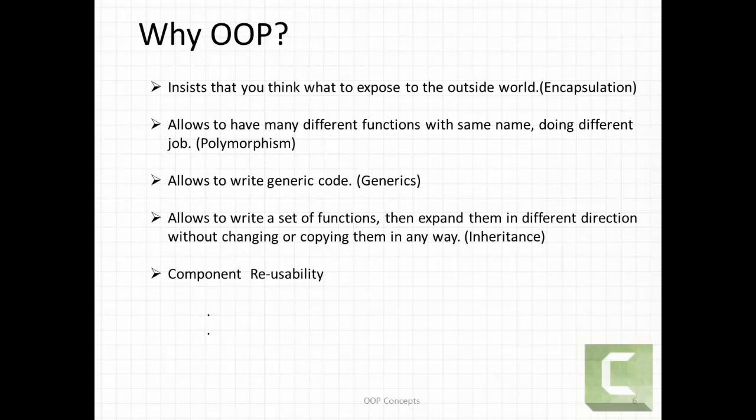That you can do in OOP. Whatever properties you have in the parent object will be inherited by the child, and the child can have its own implementation also. Because of this inheritance, it allows component reusability. So reusability is a very important feature of OOP.